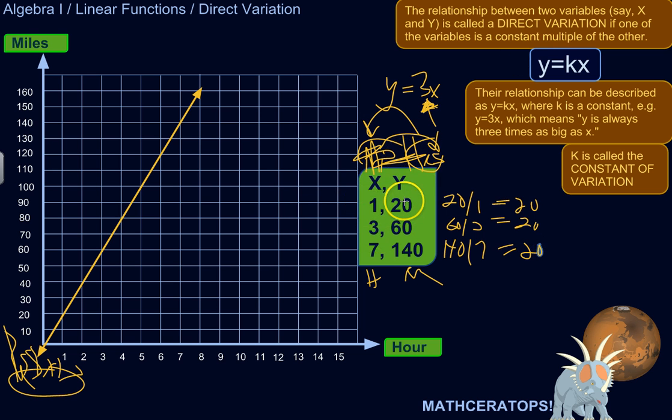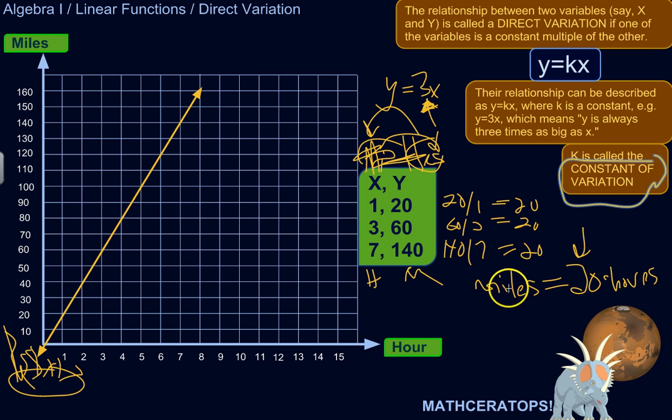I could say y varies directly as x, or the number of miles varies directly as the number of hours. And I could write this as miles equals 20 times hours. So 20 is my constant of variation.